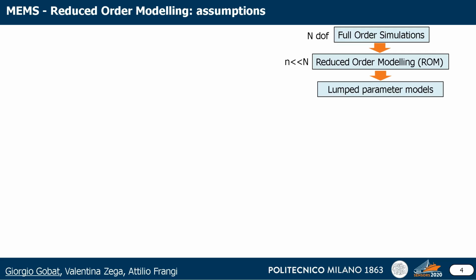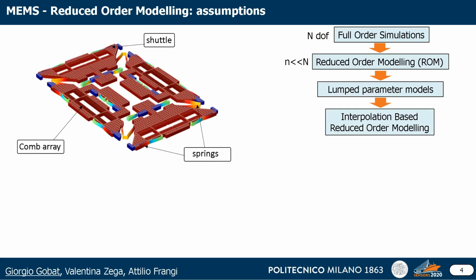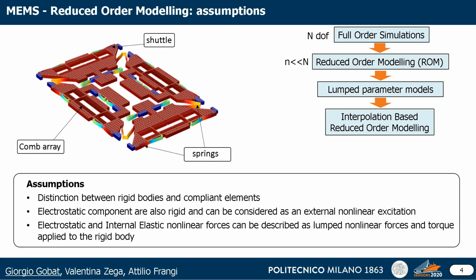The reduced order model here proposed uses a similar approach and exploits interpolation-based nonlinearity mapping. The MEMS considered is designed to have stiff shuttle masses suspended by folded springs. The comb drives simply force the masses. Our reduced order model assumes that rigid bodies and compliant elements can be identified.